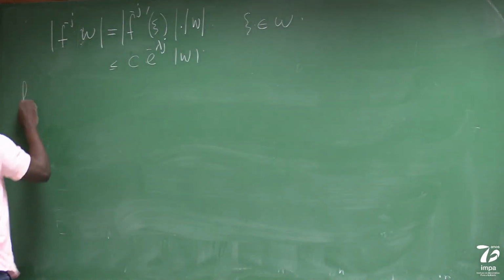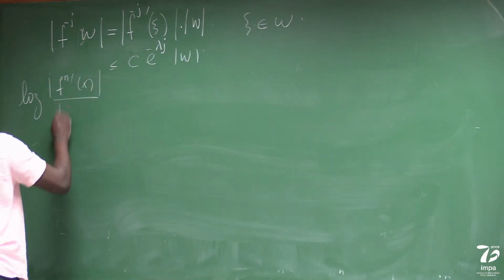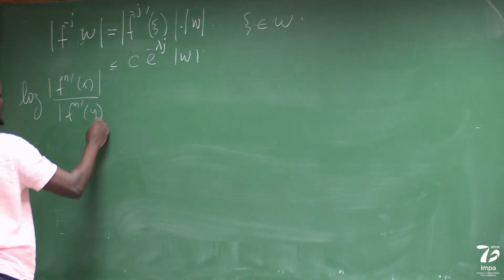So if I continue here, you would have log of f n prime x over f n prime y.